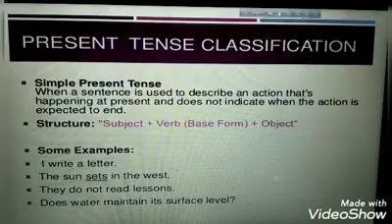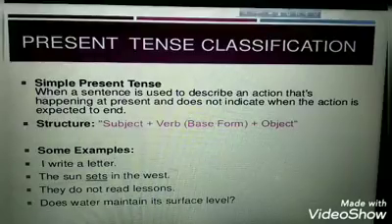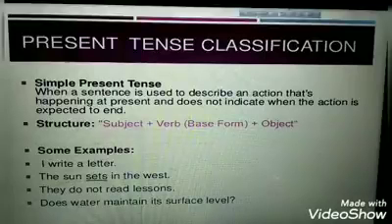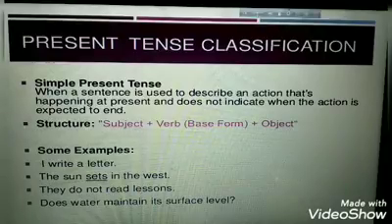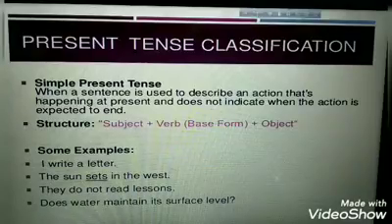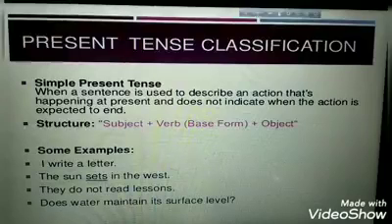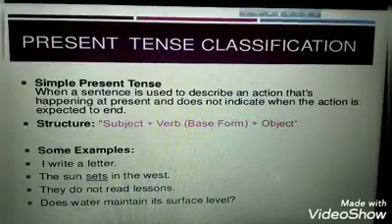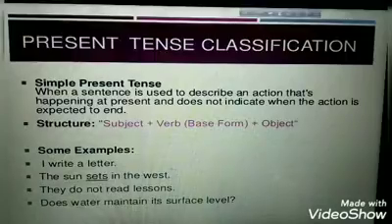That means simple present tense is used to describe an action, an event or condition that is happening or occurring in the present and at the moment of speaking and writing. That means the action takes place at present.